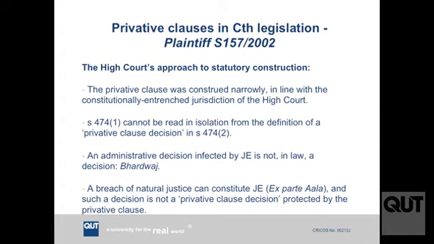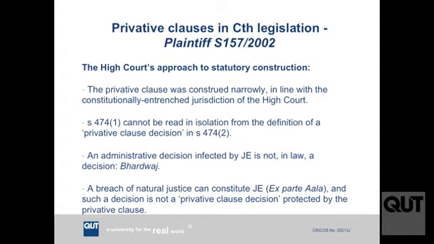A breach of natural justice can constitute jurisdictional error, which has previously been established in Ex parte Aala. Accordingly, the privative clause could not protect a decision from judicial review that was affected by a breach of natural justice that was sufficiently serious to constitute jurisdictional error.